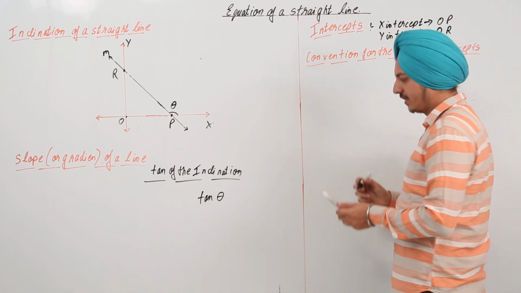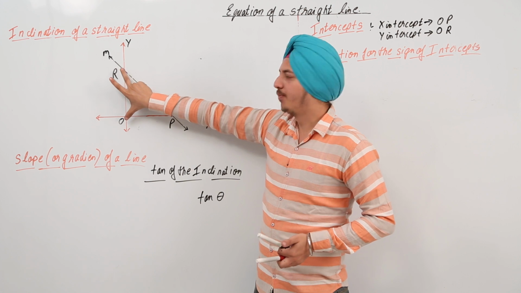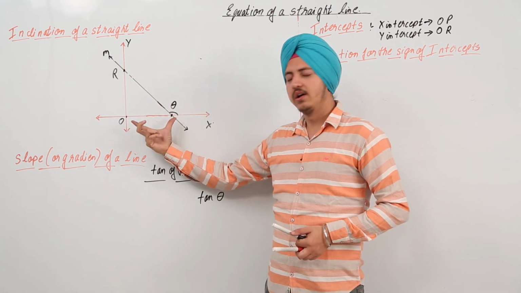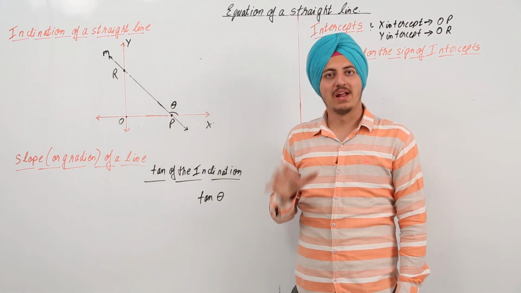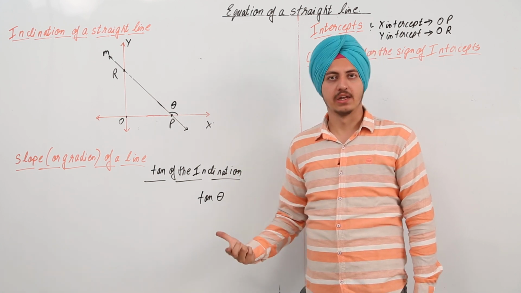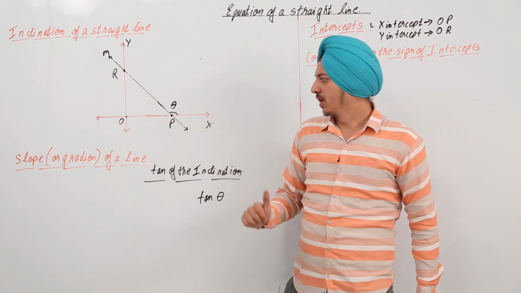So that is OR. So OP is the x-intercept and OR is the y-intercept, and both of these written together are known as the intercepts of that line, okay? So OP, OR will be the intercepts of that line, right?